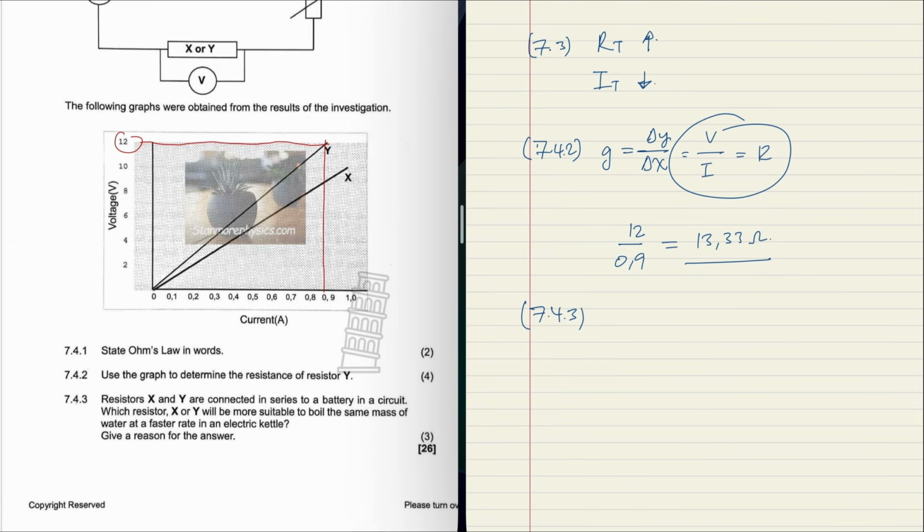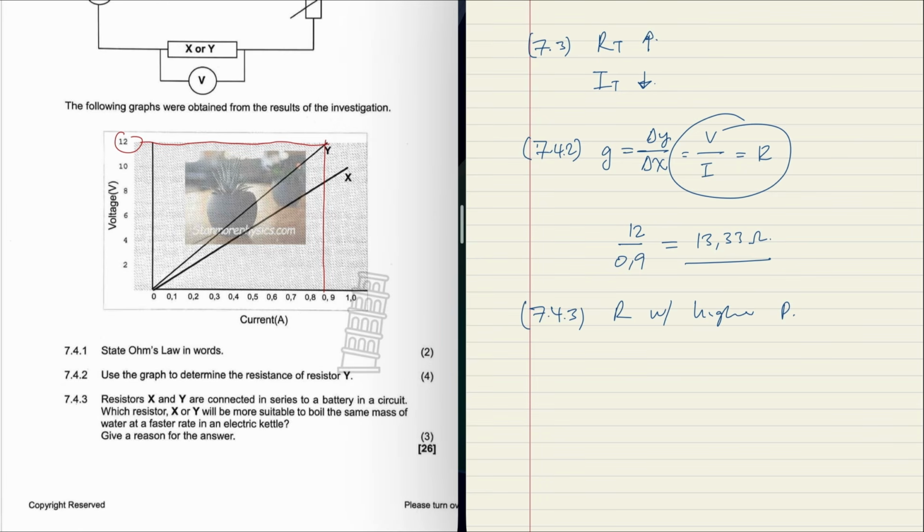Question 7.4.3 says, resistors X and Y are connected in series to a battery in a circuit. Which resistor, X or Y, will be more suitable to boil the same mass of water at a faster rate in an electric kettle? Give a reason for your answer. So here, what we're looking for is which one is going to have a better power output. Because remember, to boil water, you need power, you need energy. So we are looking for the resistor with a higher power output.